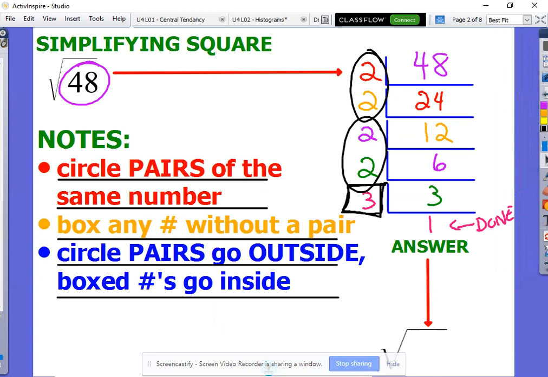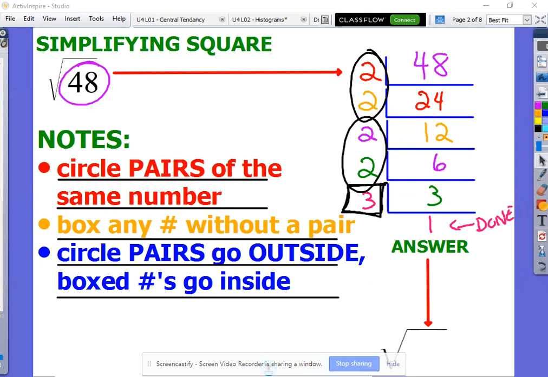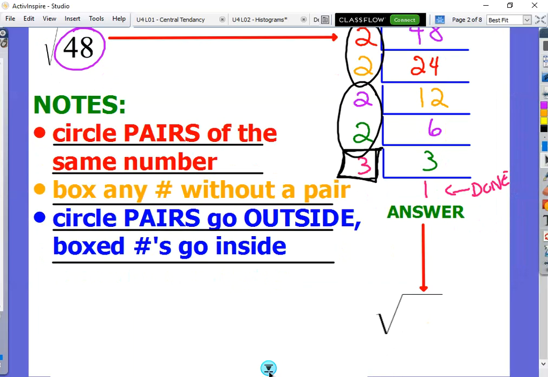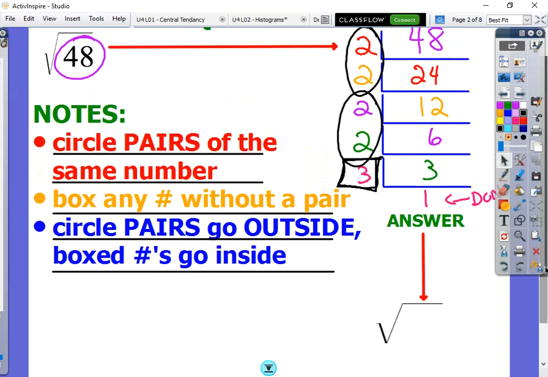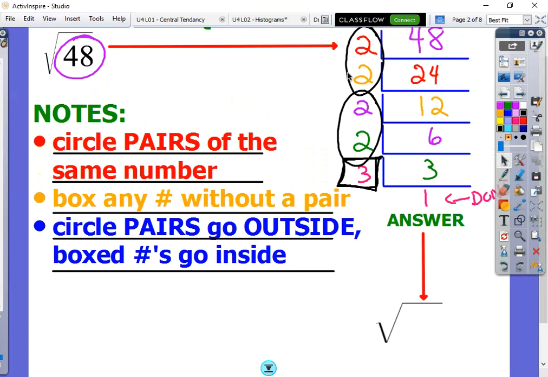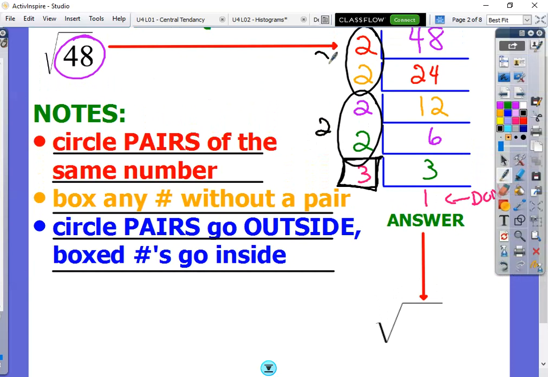What we mean by that is down here in your actual answer, you're going to put your circled pairs on the outside. Okay, let me see if I can scroll down a little bit here. Okay, our circled pairs go on the outside. So I want you to think about this for a second. We have 2 pairs of 2. So we have a pair of 2s right here. We have a pair of 2s and a pair of 2s.